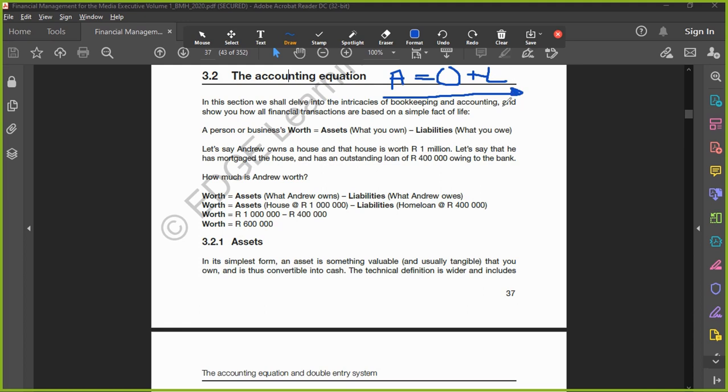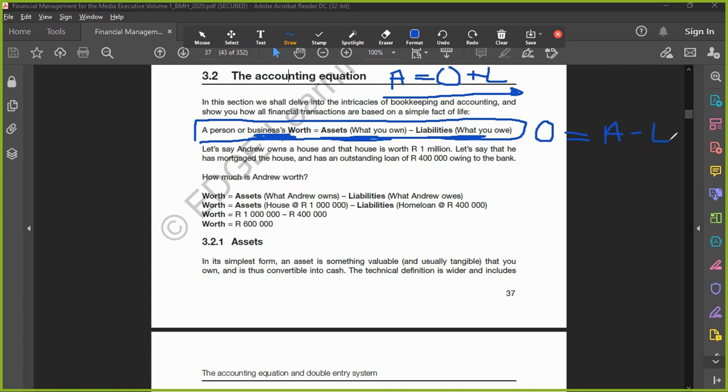If you make O the subject, then you'll have what the textbook has provided you here with. The business's worth, which is the owner's equity, so O, is equal to the business's assets minus the business's liabilities, A minus L. And if you wanted to, you could also look at L as being A minus O. Okay, assets minus owner's equity will give you the liabilities.